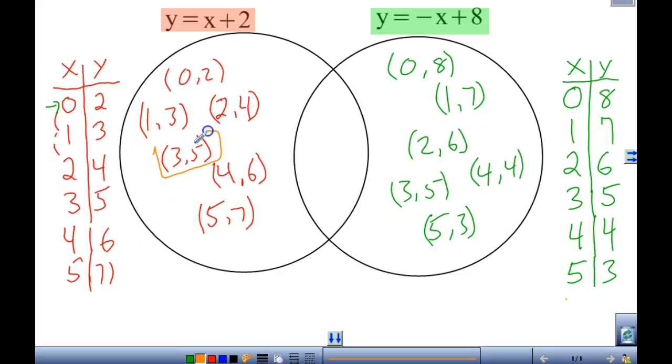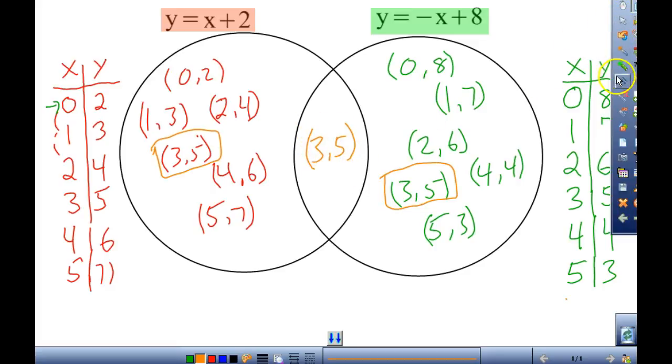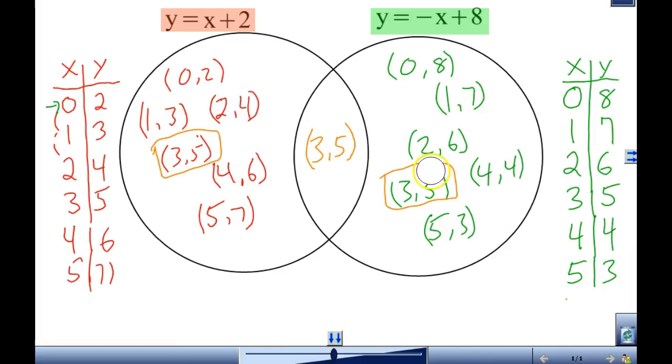Yeah, 3, 5, right? 3, 5. So that's the one that should be right here because it's actually in both of them. We put it in the middle and go ahead and erase it from there.